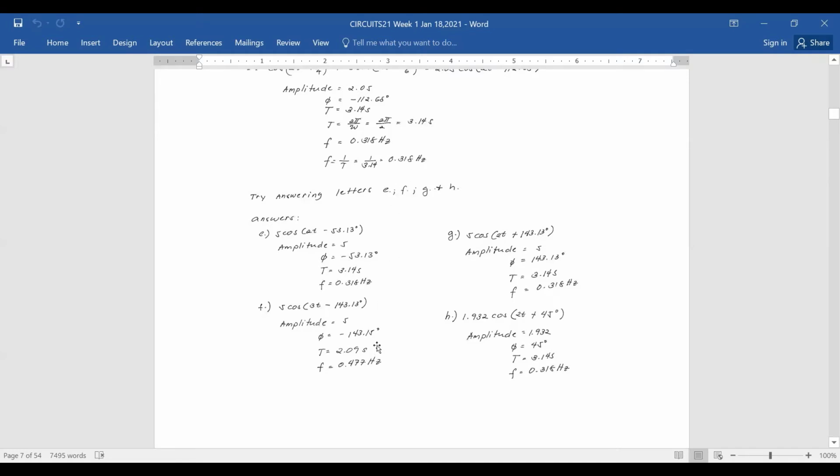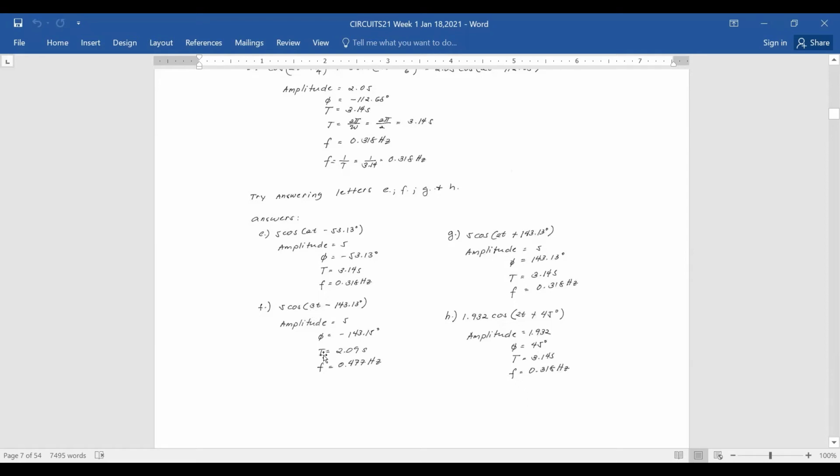Also similar here, we have the same T and frequency, as well as in H, we have the same period and frequency. The only difference is the magnitude as well as the angle. Magnitude 5, angle is that.